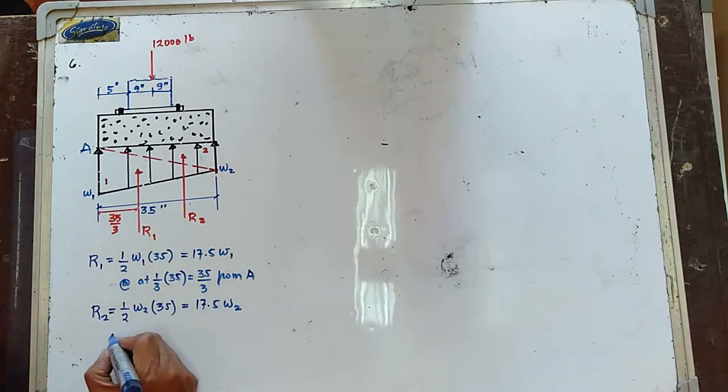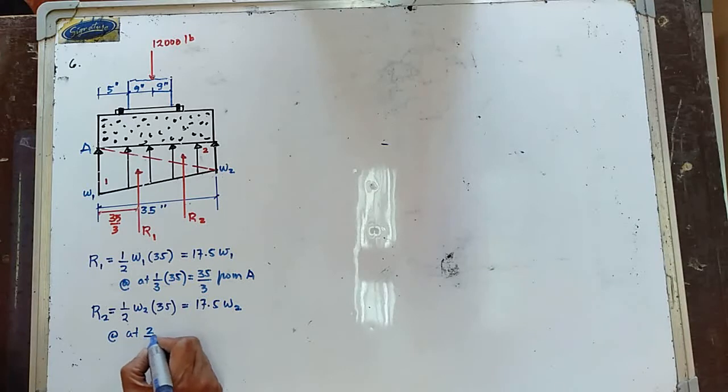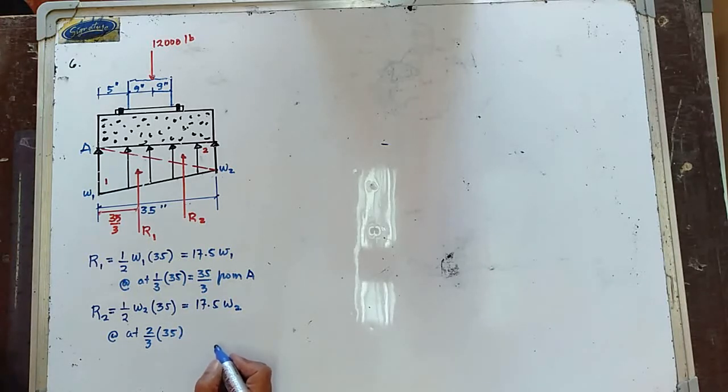And this is acting at 2/3 of 35 from A, or this is equal to 70 all over 3.